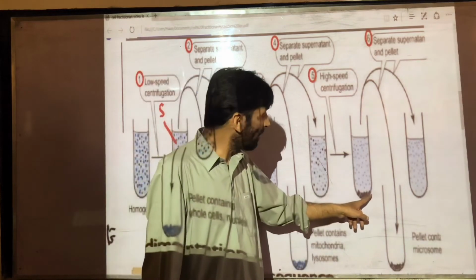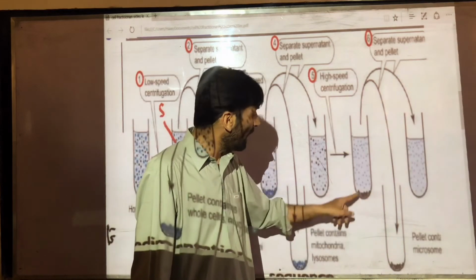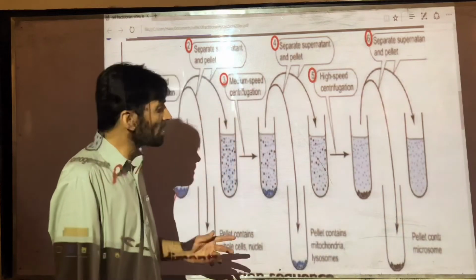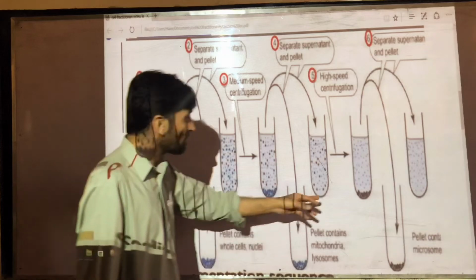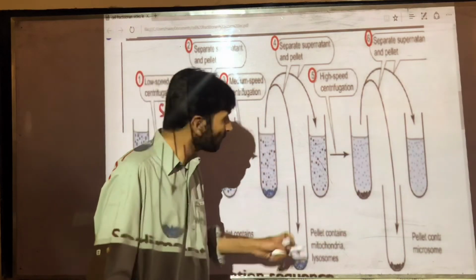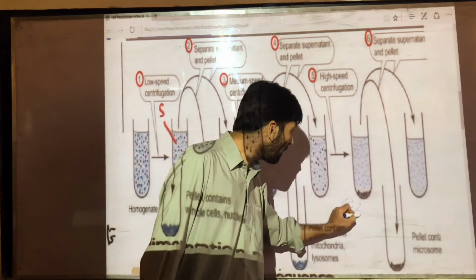So here we will find in the pellet usually small sized molecules or cell particles, like ribosomes, etc.